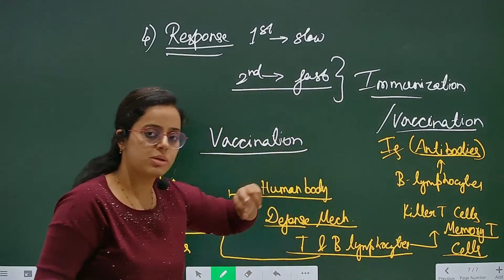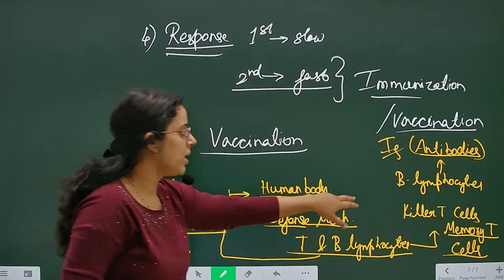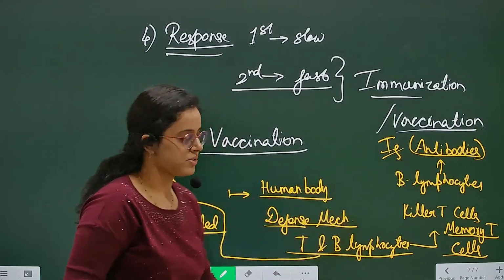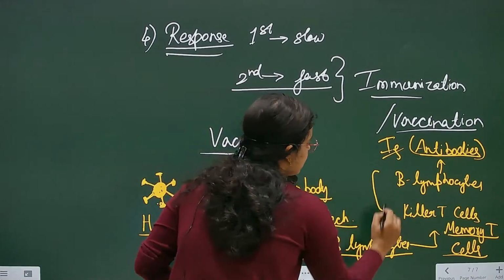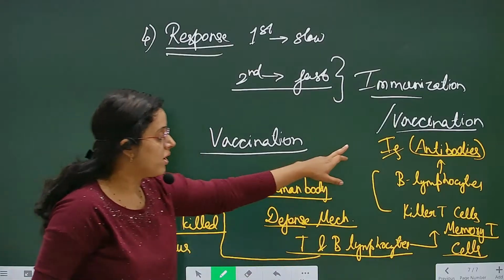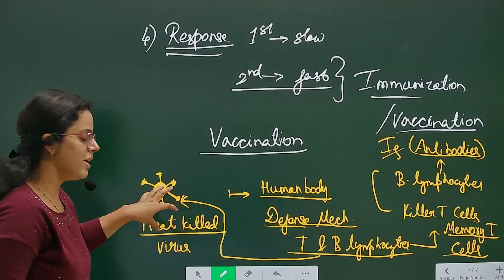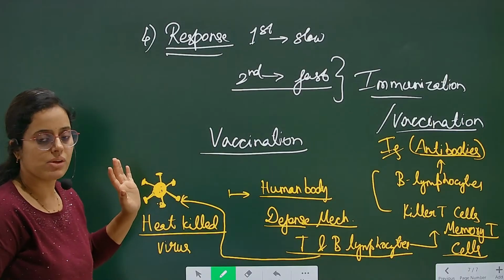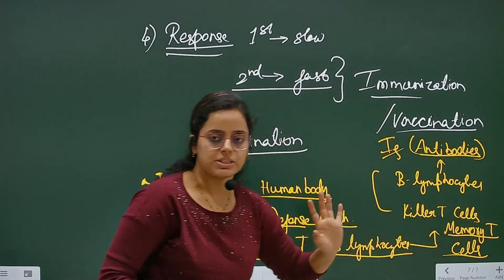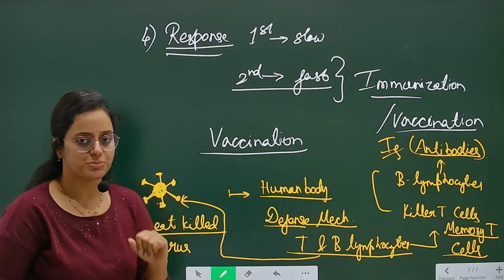We are going to learn about immunoglobulins in our next chapter, where I will explain what Ig or antibodies are. Now these lymphocytes, antibodies and killer T cells will kill the virus. Already it is not there, but it will be removed entirely. And memory T cells are present. This is our first response.